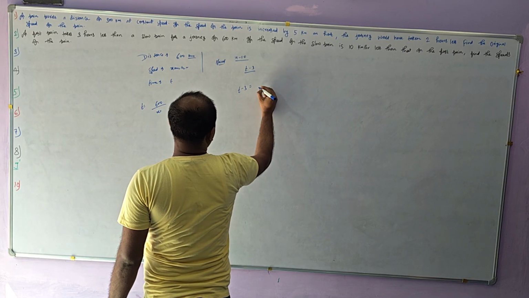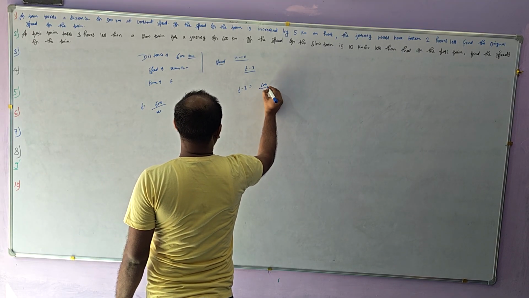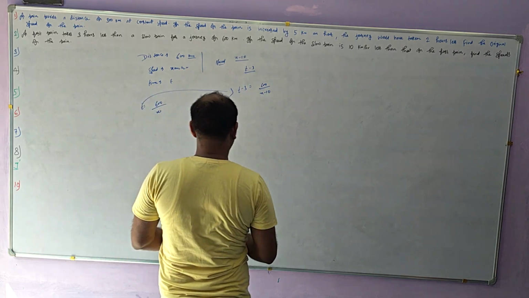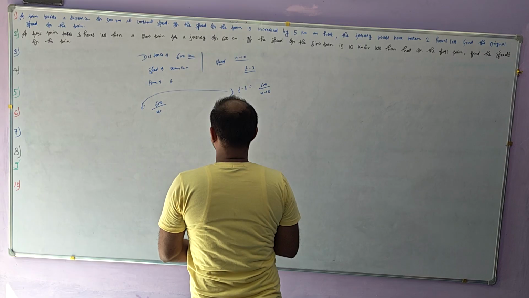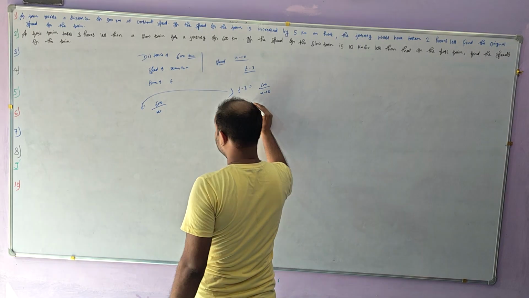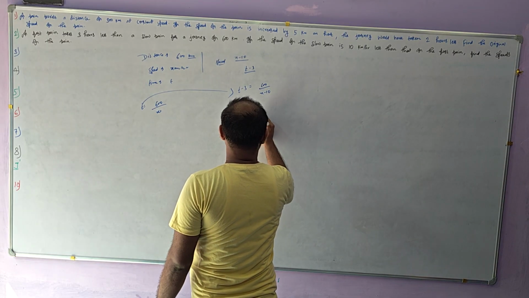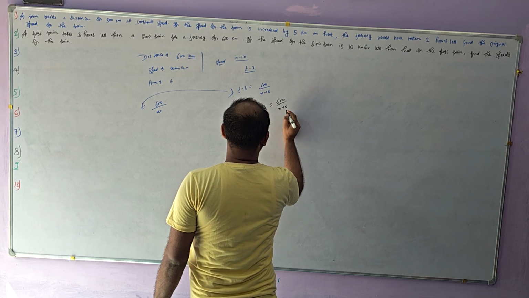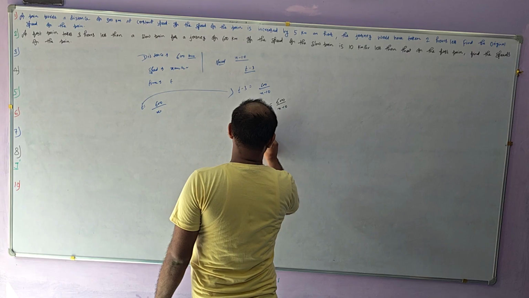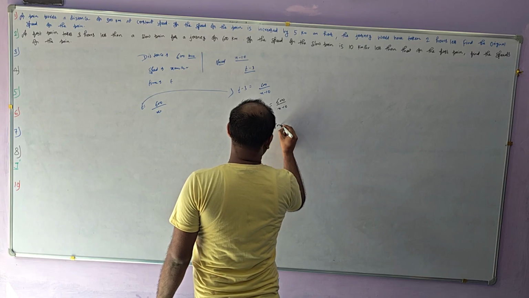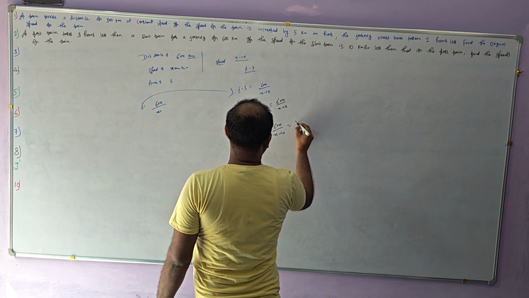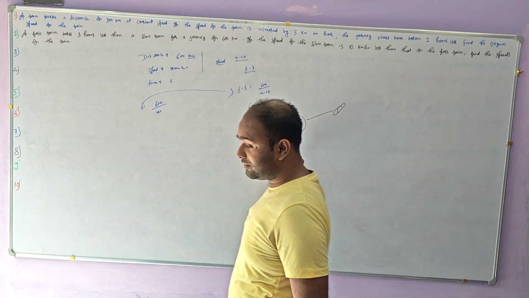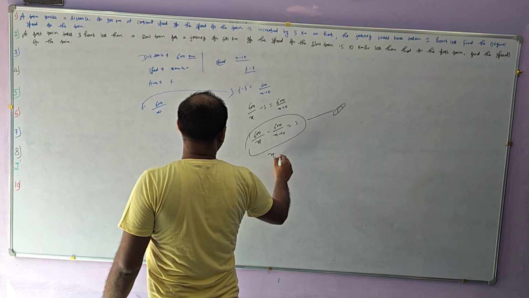T minus 3 is equal to 600 upon x minus 10. When we put t equal to this, we get 600 upon x minus 3 is equal to 600 upon x minus 10. So we get an equation and we can find out the result of x.